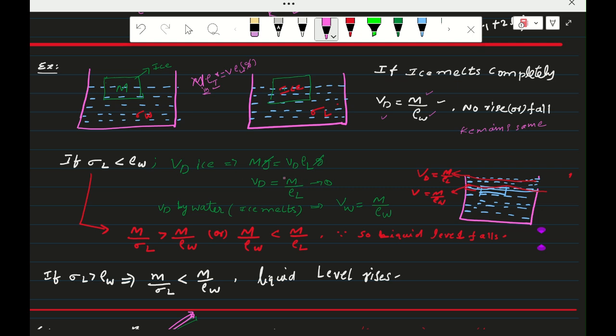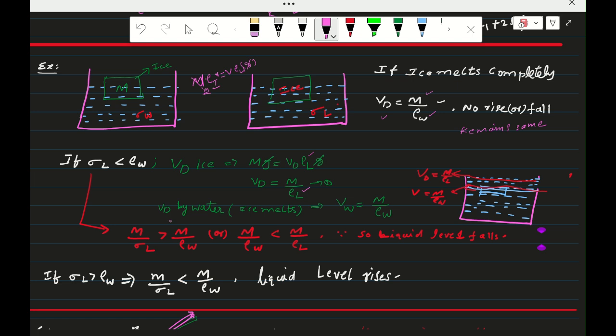So now the displaced volume by the ice is equal to m by rho L. This is the displacing volume, because mg is equal to the volume occupied by the ice, density of liquid into g. This is the volume displaced by the ice in the liquid of density rho L.